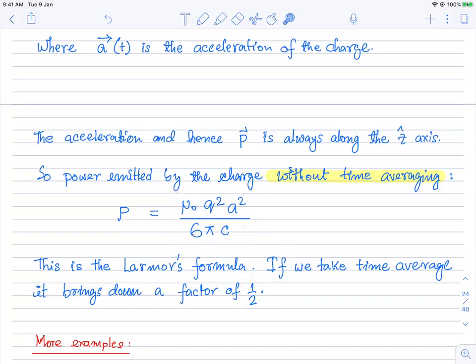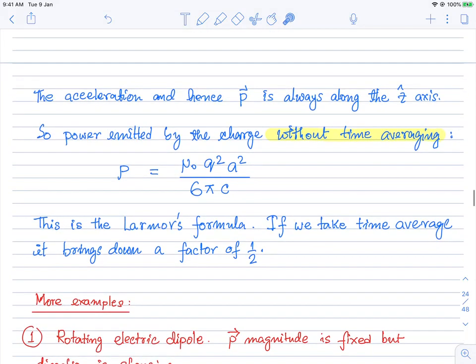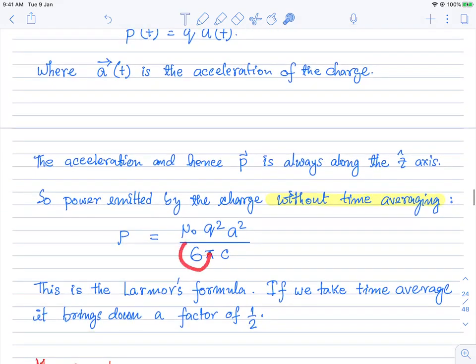So that is something that happens if we do the time averaging. Sometimes this formula is quoted without the time averaging, sometimes with time averaging. So you will see this thing becoming either 12 or 6, and various people will refer to that as the Larmor formula. So basically all these things, the dipole, the point charge, everything is sometimes referred to as the Larmor formula. It can be a little confusing, but from the context it should be clear what you're talking about.